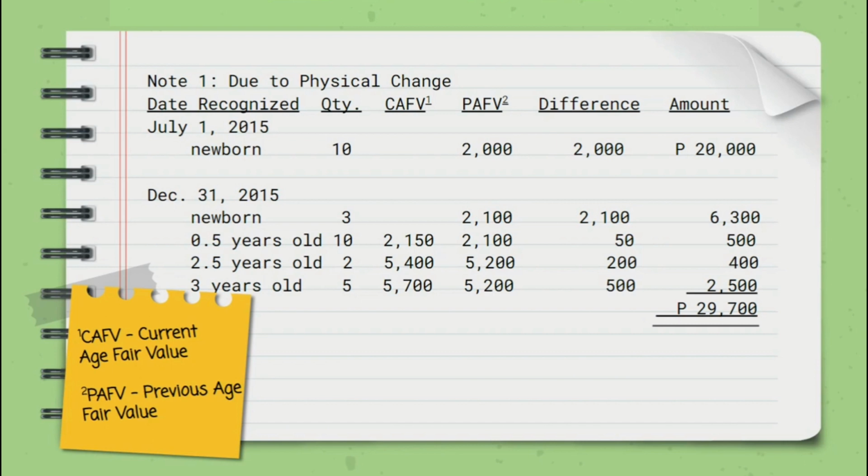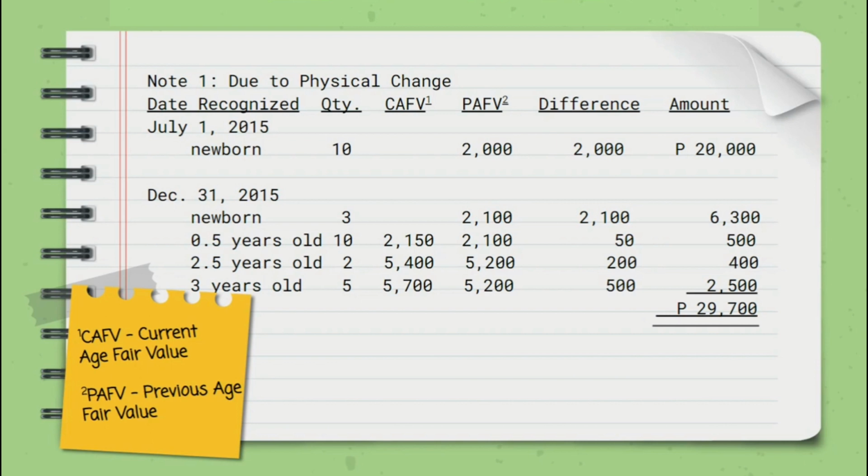On December 31, 2015, the entity acquired 3 newborns without a current age fair value and the previous age fair value of 2,100, so 2,100 multiplied by 3 will give us the amount of 6,300 pesos.